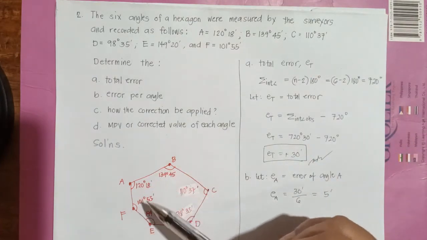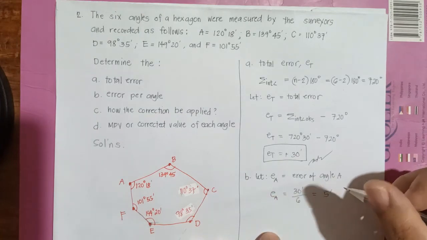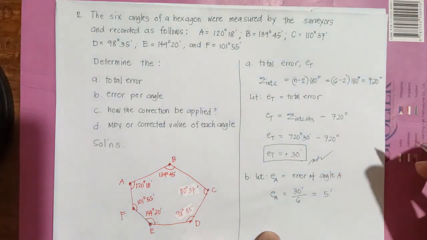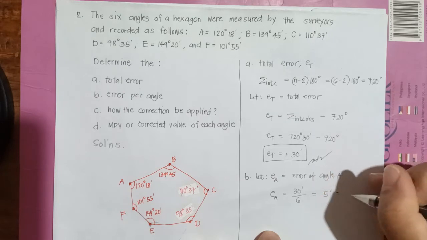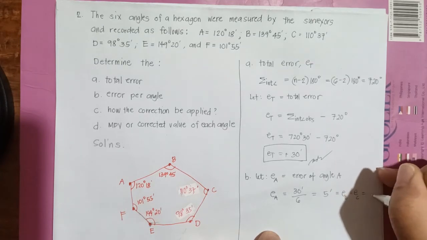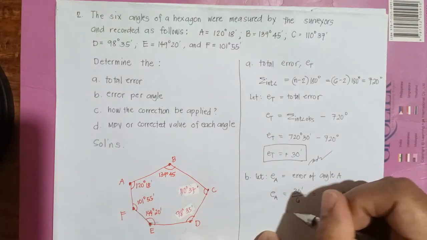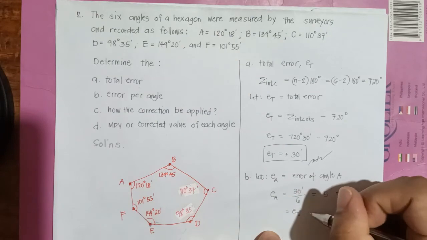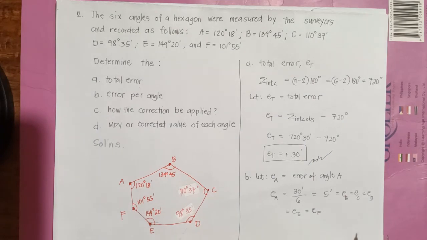This is a hexagon with unit weight, and you will understand what unit weight is. So the errors of angles B, C, D, E, and F are also each equal to 5 minutes. That is the error per angle.